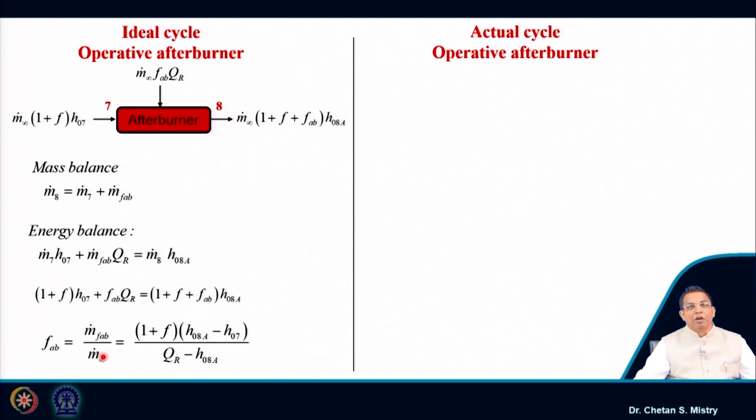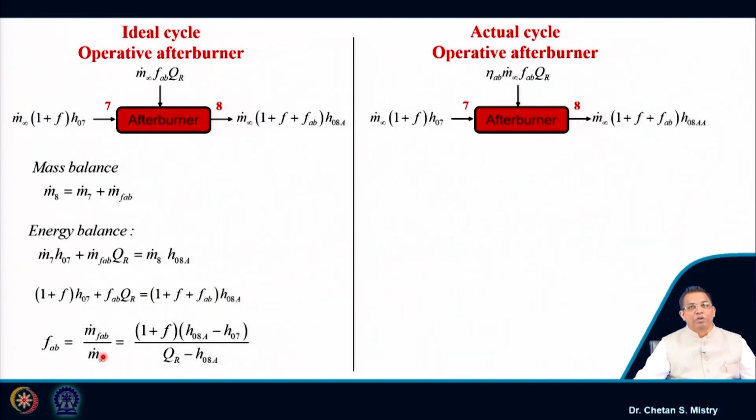Now, in this case, what will be the change? If I draw my control volume here, under that condition we have an additional component coming into the picture: my afterburner efficiency. Since this is a type of combustion chamber, it will also have an efficiency, slightly on the higher side.